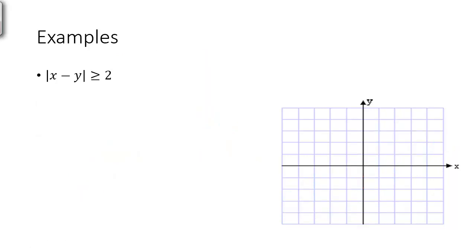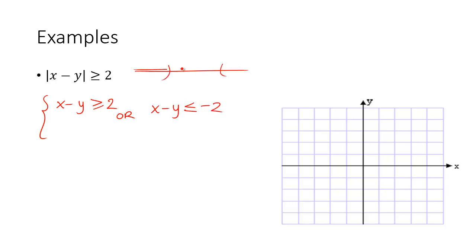One more example here. This one's greater than or equal to 2. So we're going to have x minus y is greater than or equal to 2, or x minus y is less than or equal to -2. So it's on the outskirts, and it includes both components, not the intersection. If we solve each of these similarly as before, we're going to get the following.